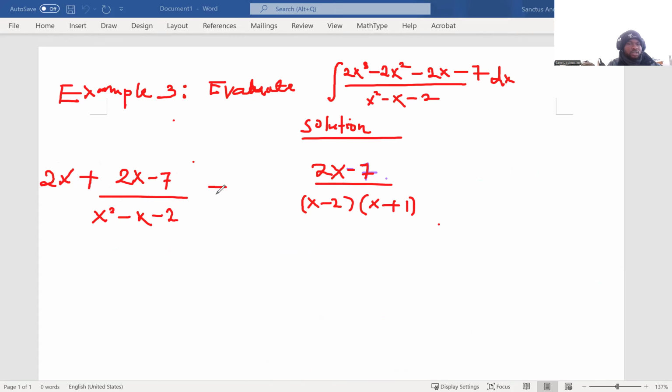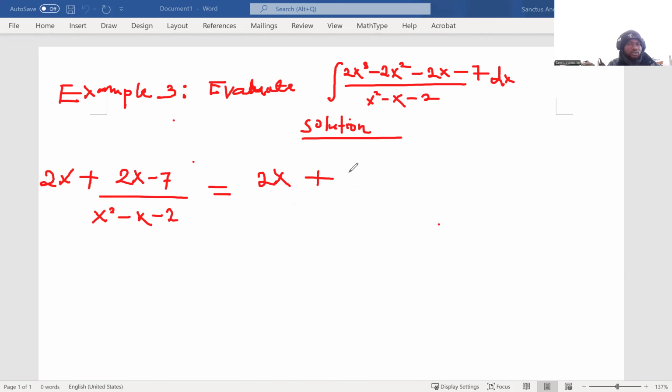And this is equal to 2x again, plus A. What's our A?